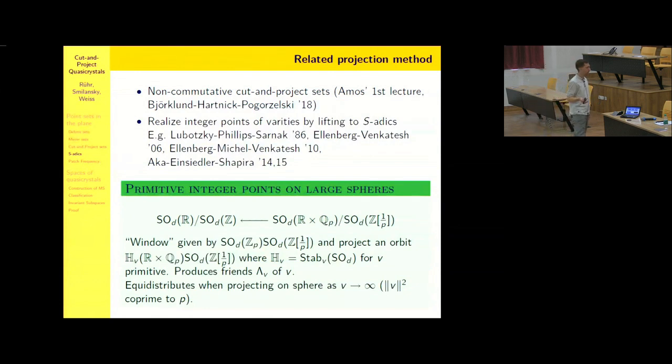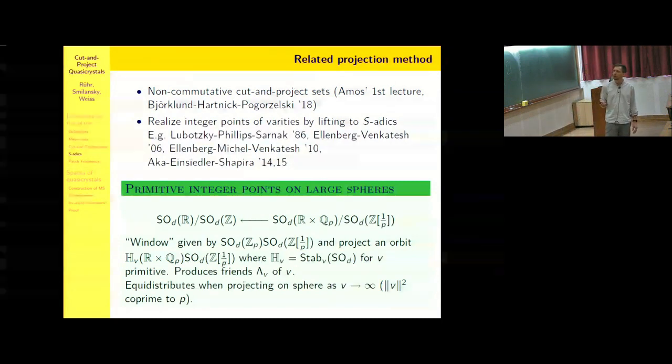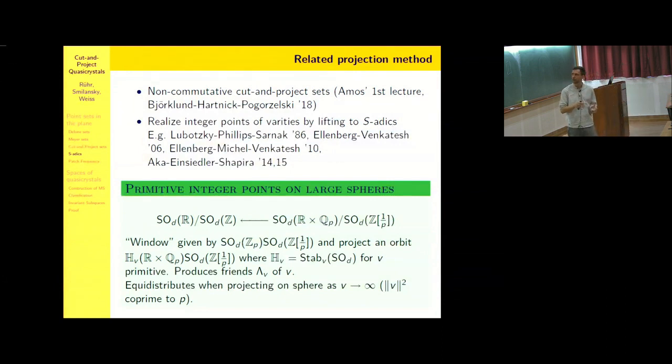I also have to remark that the Cartan project scheme is a very natural thing for number theorists. So Bobotsky, Phillips, and Sarnax used the periodics to find nice sets on the sphere.